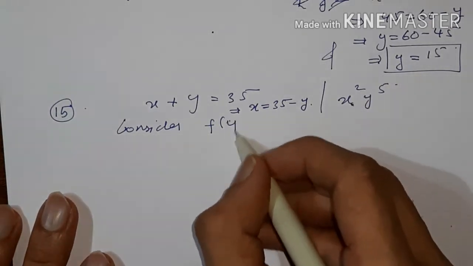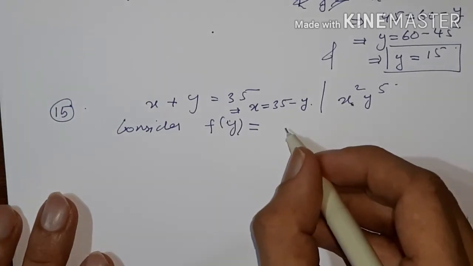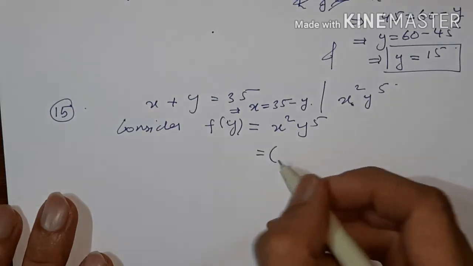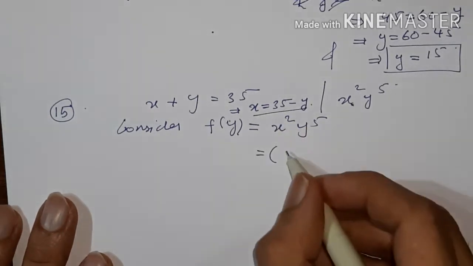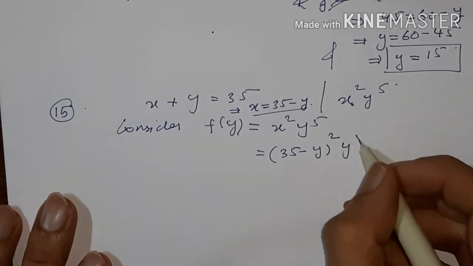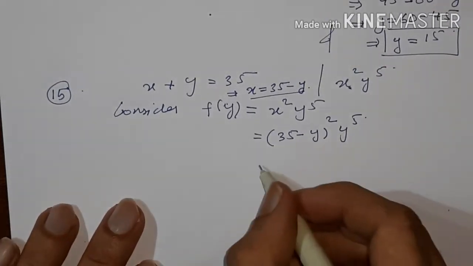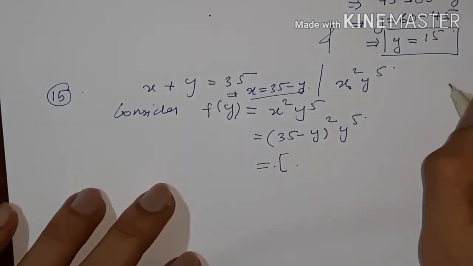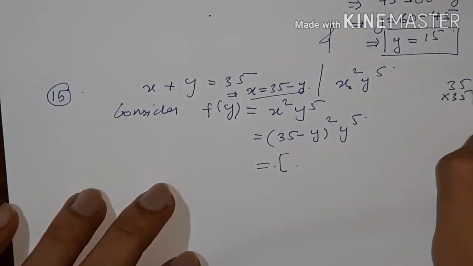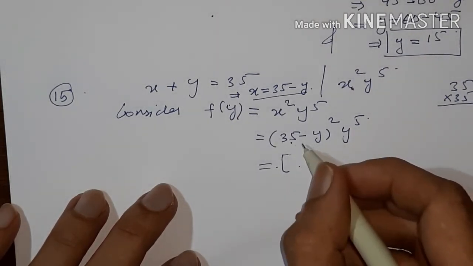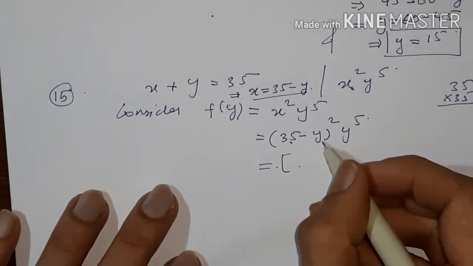So f of y is x square y raised to 5, which is nothing but x is 35 minus y, so 35 minus y the whole square multiplied by y raised to 5. If you square this, what will happen? 35 multiplied by 35. See, this is the a minus b whole square formula, a square minus 2ab plus b square.